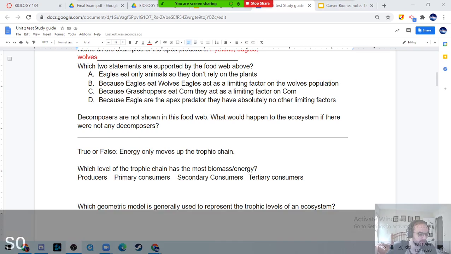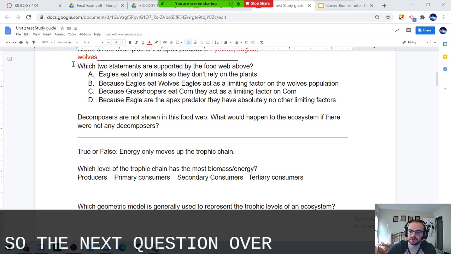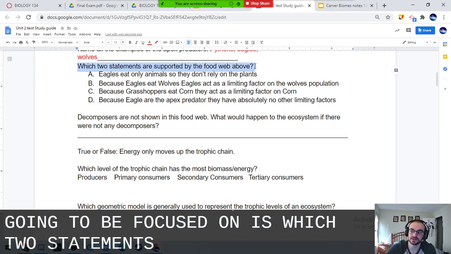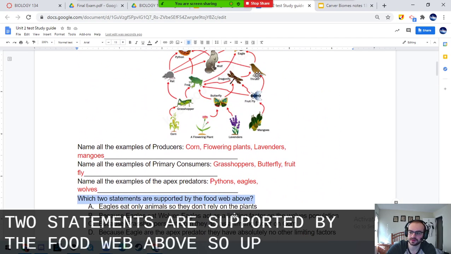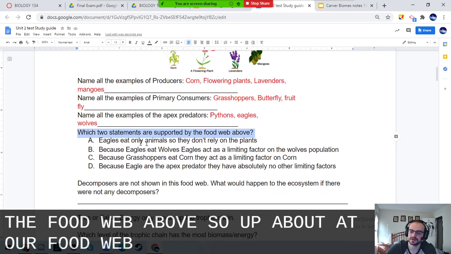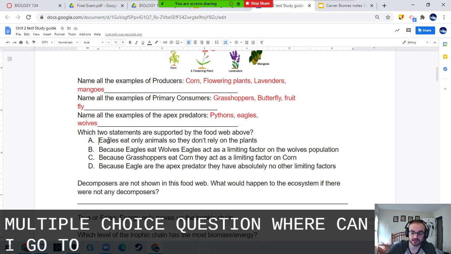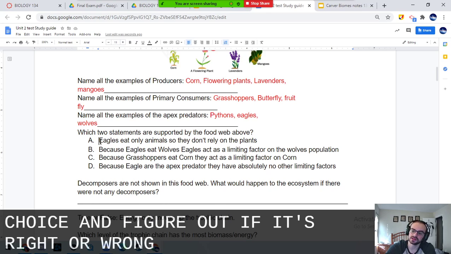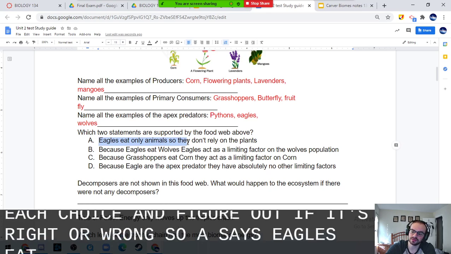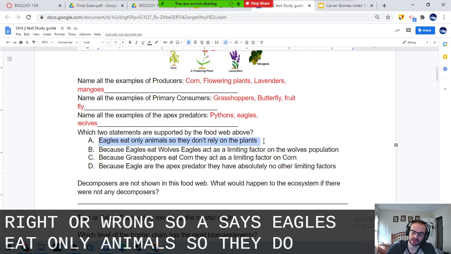The next question we're going to be focused on is which two statements are supported by the food web above. Because it's a multiple choice question, we're going to go through each choice and figure out if it's right or wrong. A says eagles eat only animals, so they don't rely on plants.